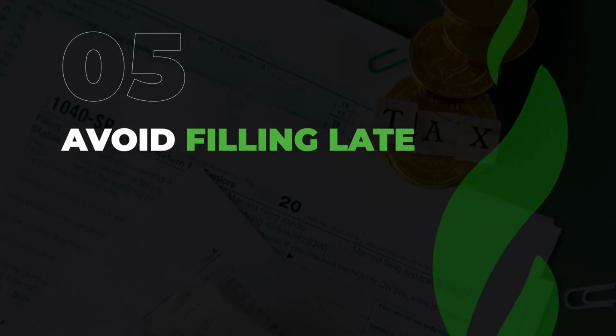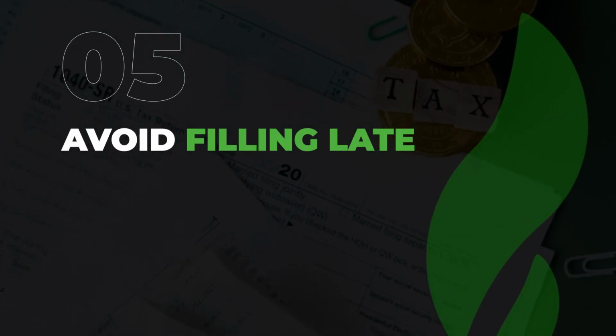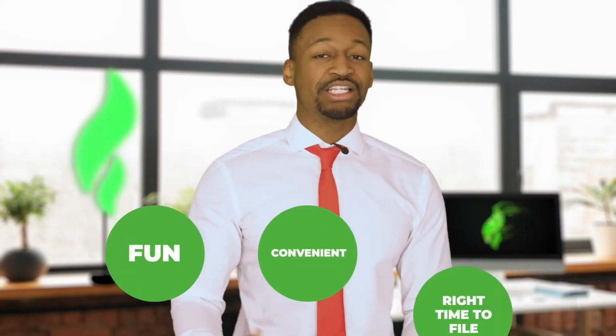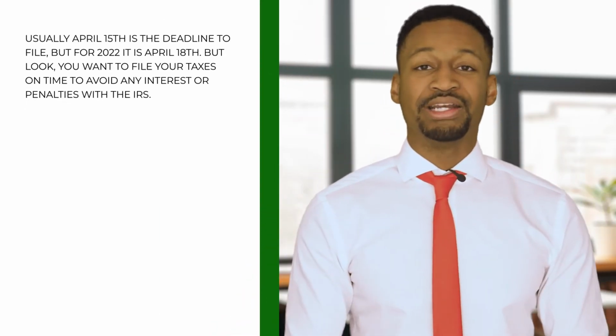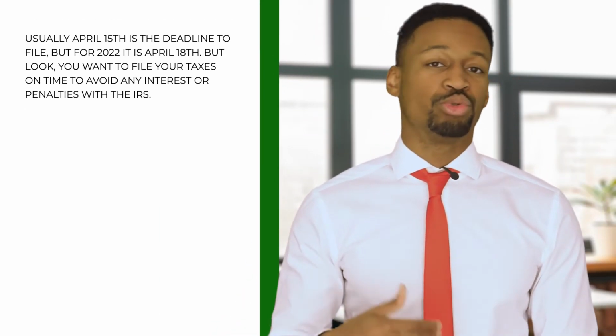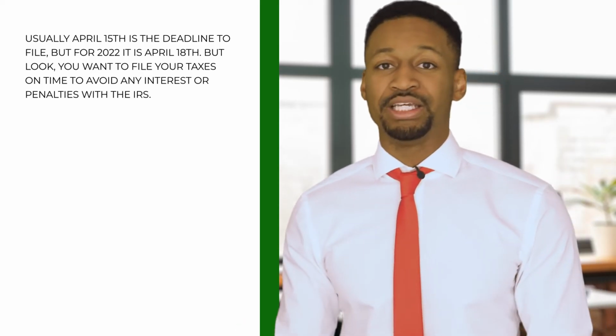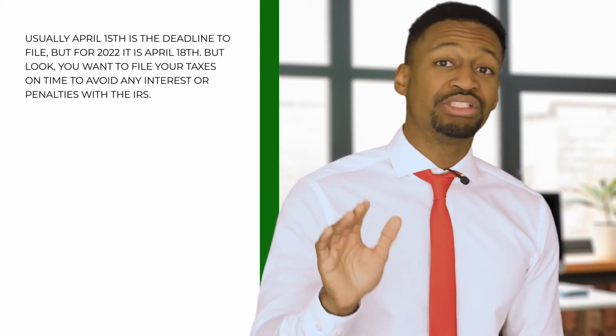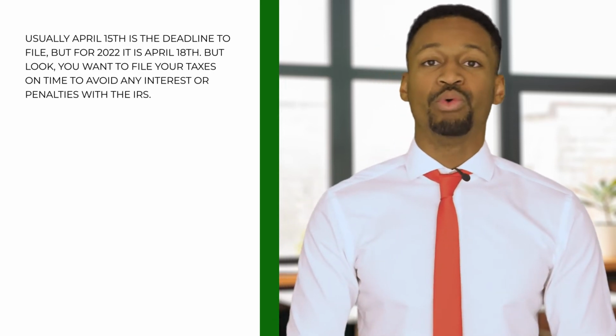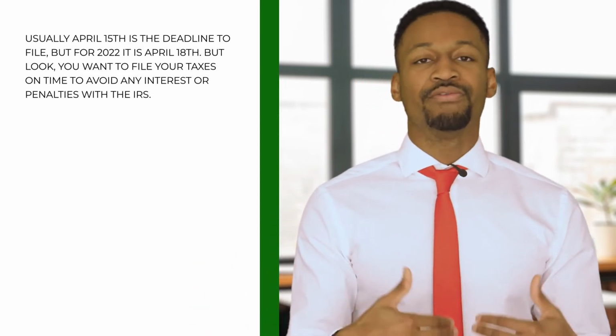Okay, moving along to number 5, avoid filing late. So if you know you have a tax bill coming up, then it's never fun, it's never convenient, and it's never the right time to file. But of course you need to. Usually the deadline is April 15th to file, but for 2022, it is April 18th. But look, you want to file your taxes on time so that you avoid interest and penalties from the IRS.